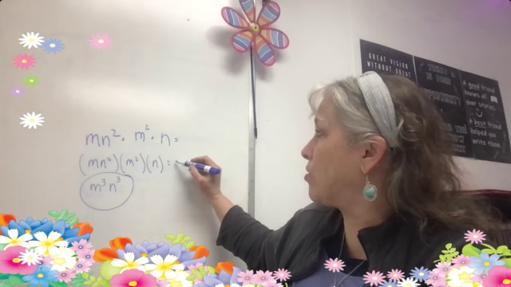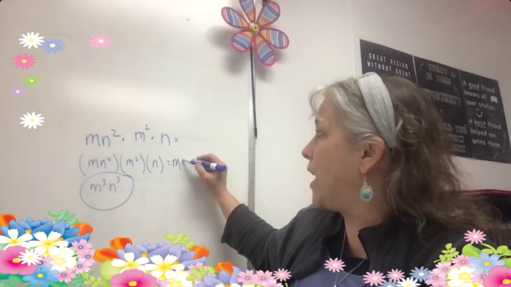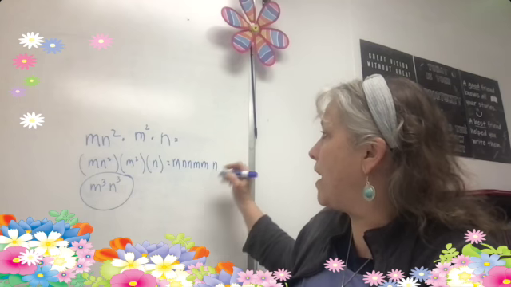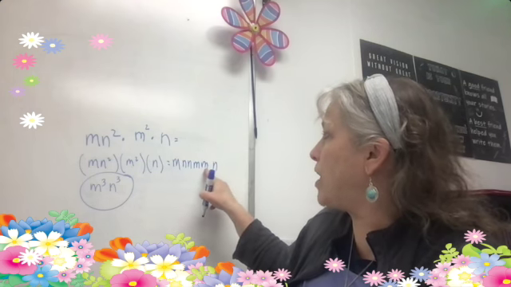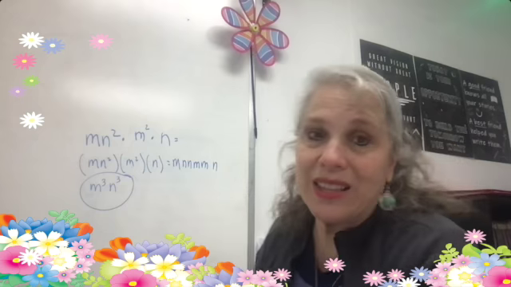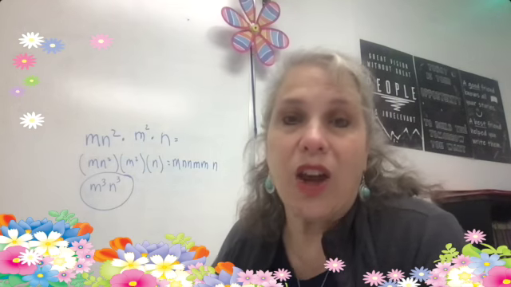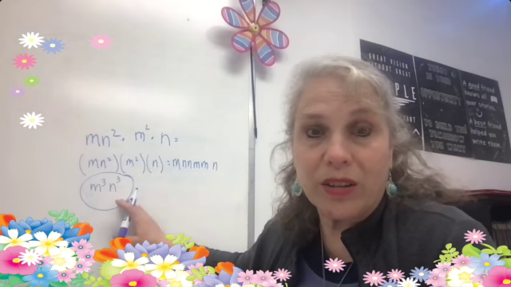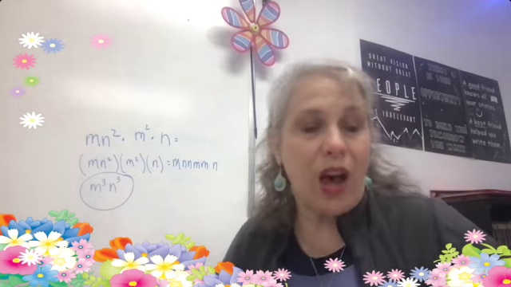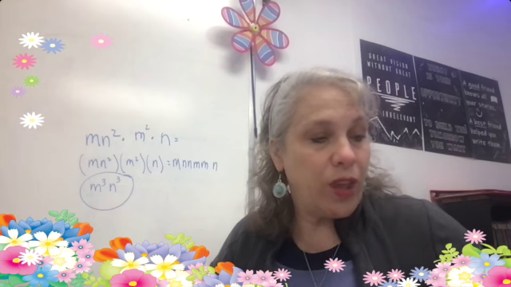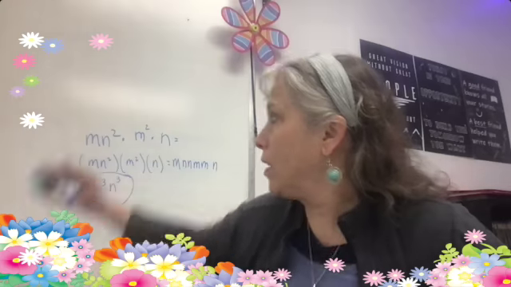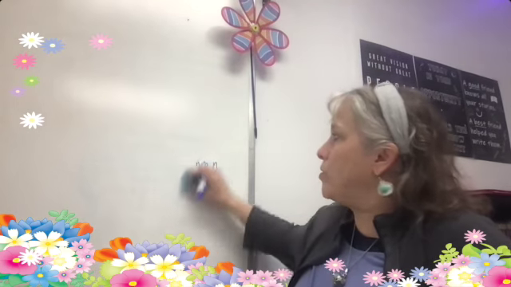You can also show this by writing m, n, n, m, m, n, and you can see I have 1, 2, 3 m's, 1, 2, 3 n's. Okay, so you can either add exponents or write them out like this, but of course adding is a little easier. So that would be multiplying using letters and using my rules for the exponents.